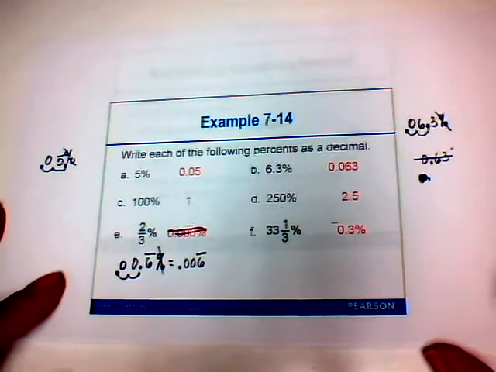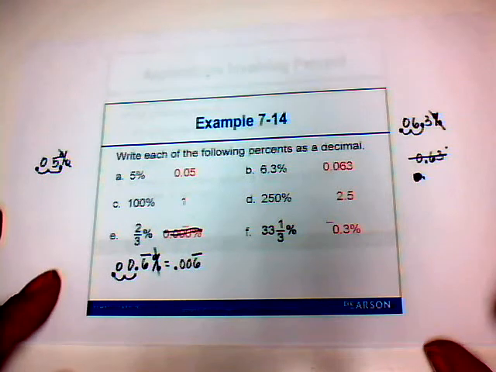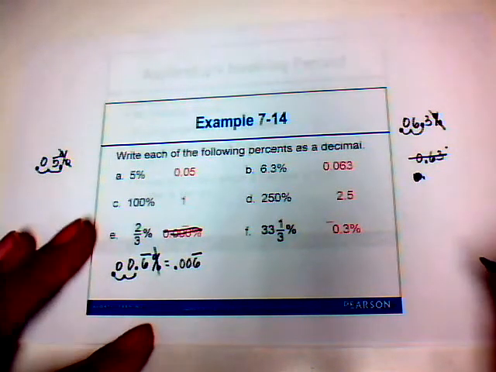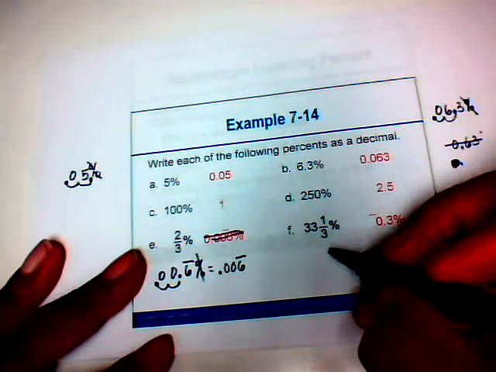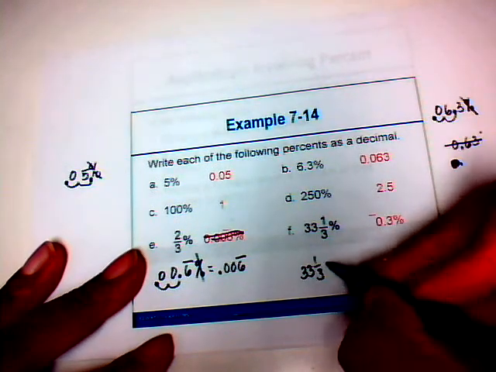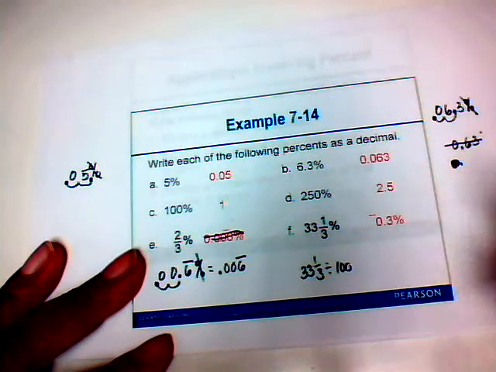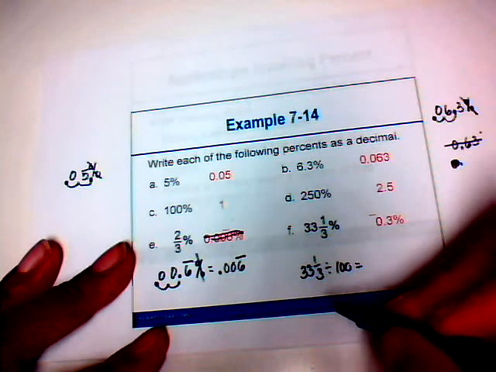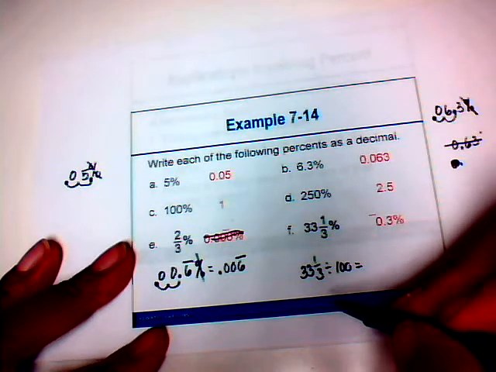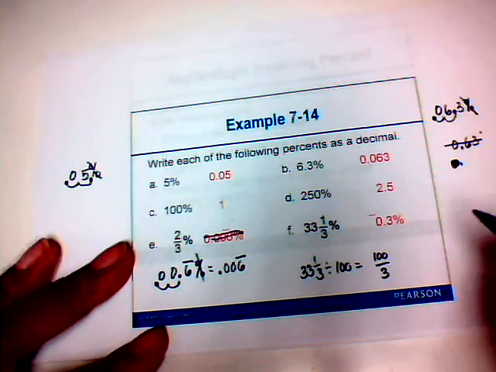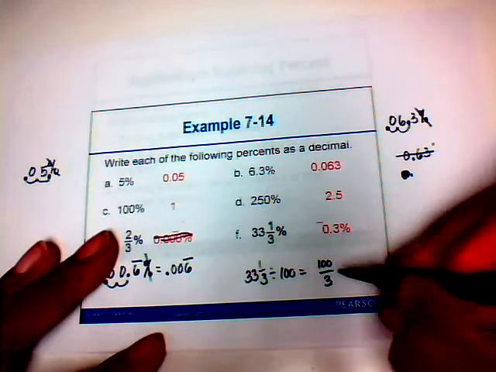Okay, now 33 1/3% as a decimal. In this case, I'm going to take 33 1/3 and divide by 100. I'm going to convert 33 1/3 as 100 over 3. I'm converting that to an improper fraction.